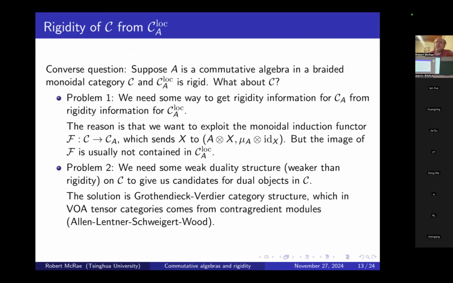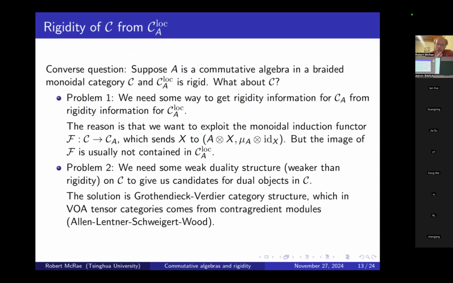So to figure out what kind of conditions we need, there are a couple problems that we need to solve. Maybe the first problem is that we need there to be some way to get rigidity information about CA from the rigidity of this subcategory CA local. And the main reason for this is that we want to use the monoidal functor of induction, which I call F, going from C to CA, sends X to A tensor X with this multiplication.